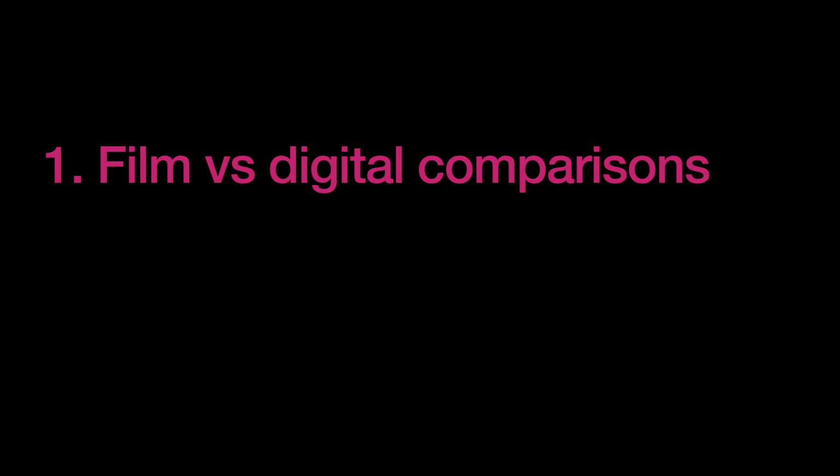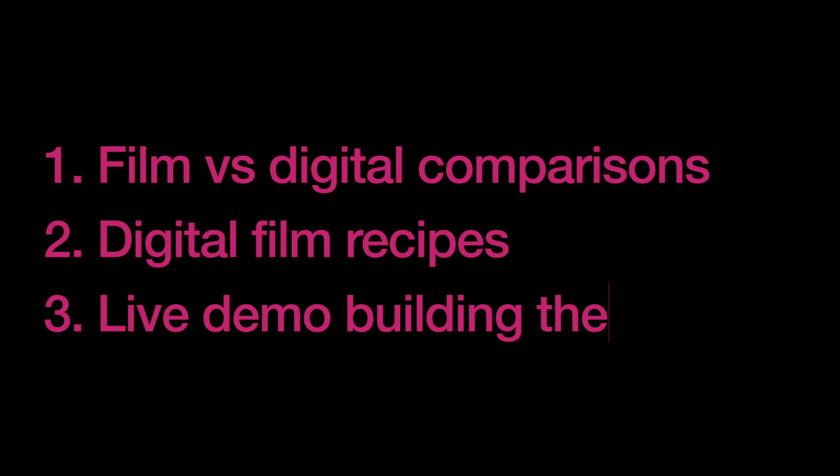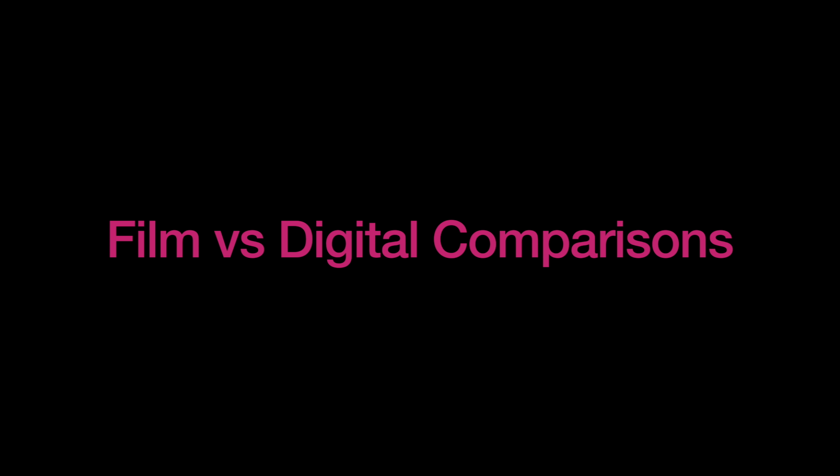The way this video is organized is first I will be sharing the film versus digital comparisons. Next, I'll be providing the digital film recipes to use these for yourself. And last, I will do a live demo of how I build and tweak these recipes. So let's first look at the tungsten films I've shot side by side with the digital versions.